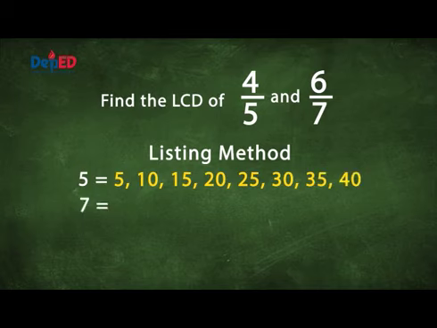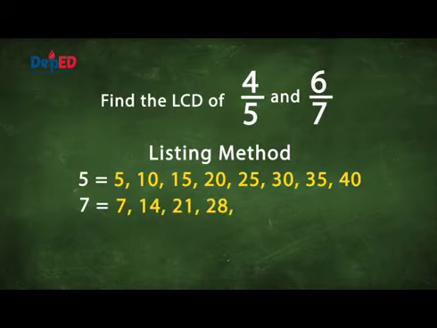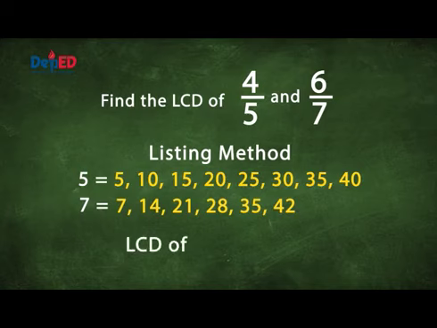For 7, we have 7, 14, 21, 28, 35, 42. Therefore, the least common multiple or the least common denominator or LCD of 5 and 7 is 35.